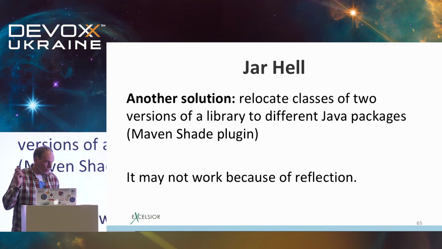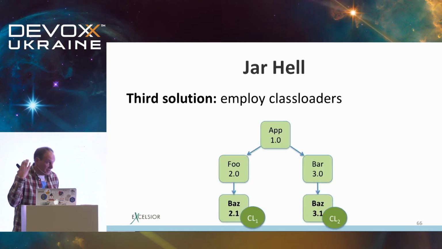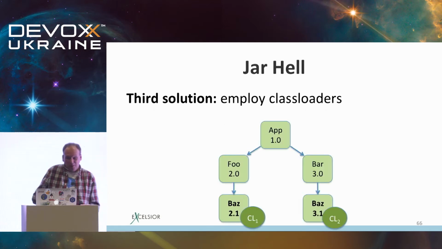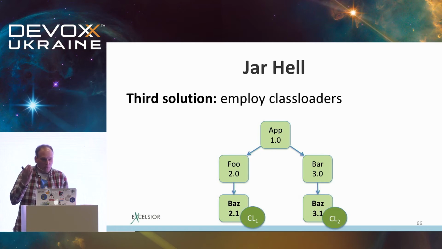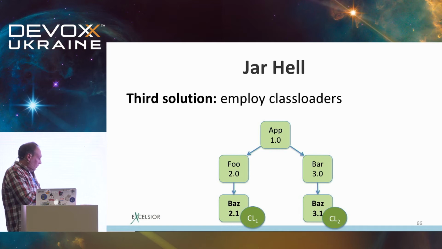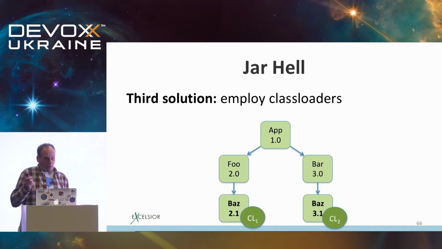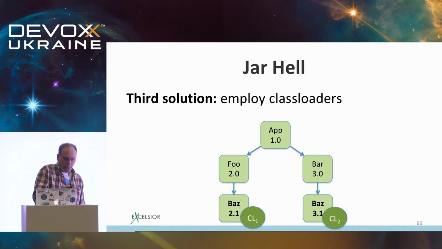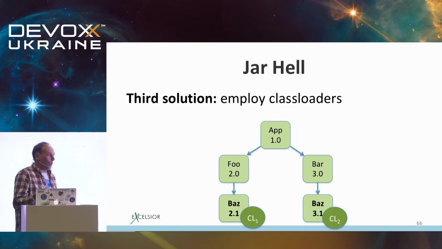So there is one more solution, of course, to use class loaders. If you move conflicting versions to different class loaders, you can, of course, solve this problem. You can write such class loaders by yourself, or use a framework, from small ones to big ones, that will do it for you.